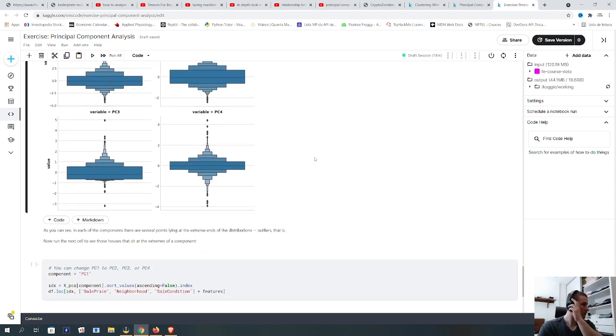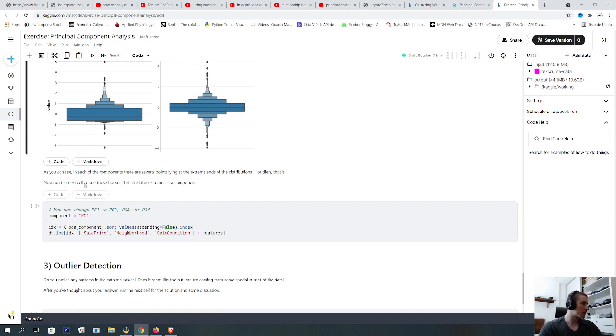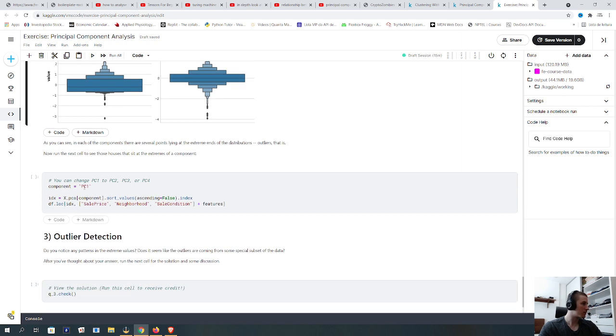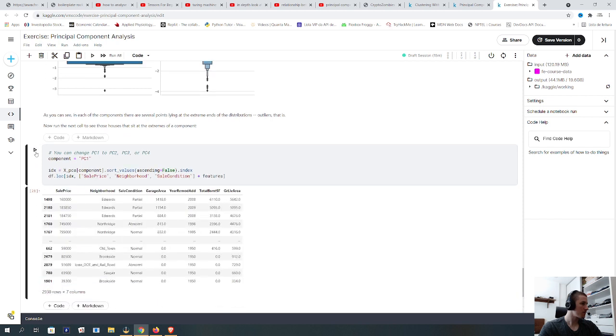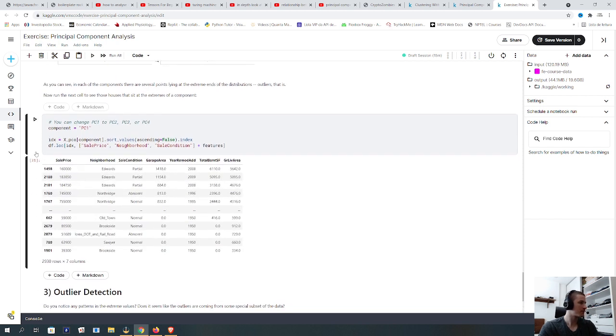As you can see, in each of components, there are several points lying at the extreme ends of the distribution. Now run the next cell. Just see the houses that sit at the extreme of components. So the first ones are the outliers, I guess.